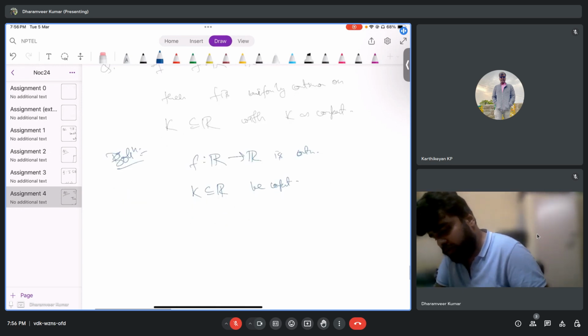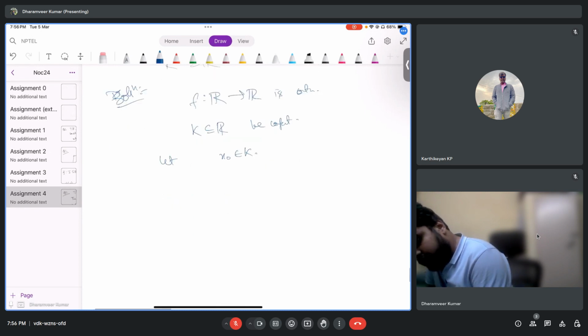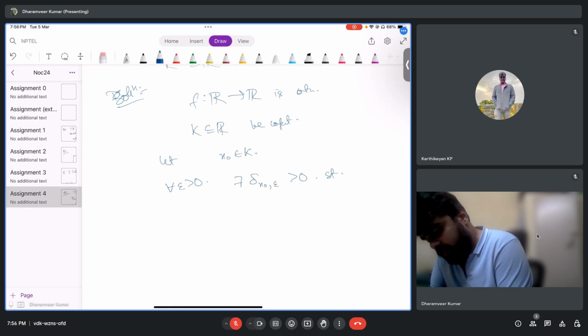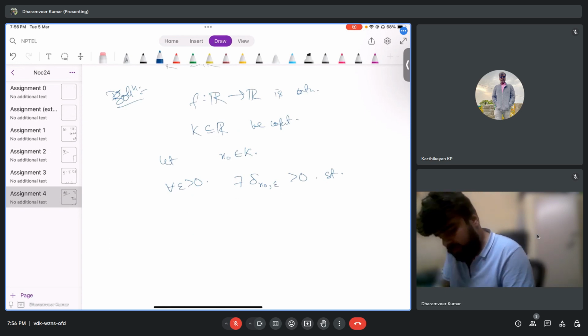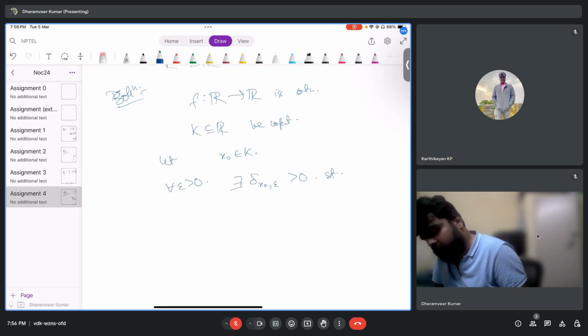Now what you can do is, if you take an x naught not belonging to K, then for every epsilon greater than 0, there exists a delta which depends on x naught and epsilon, such that... and this is a compact set, right?